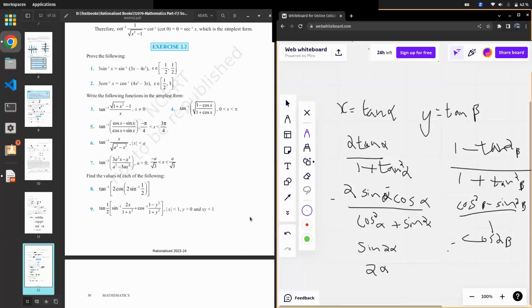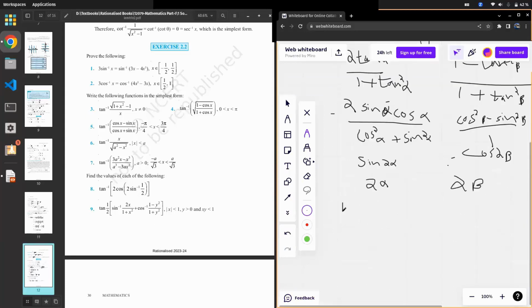Since we have the cos inverse here, this will be equal to 2 beta. So we have to find the value of tan half into 2 alpha plus 2 beta. If we cancel the 2, it will be tan of alpha plus beta.